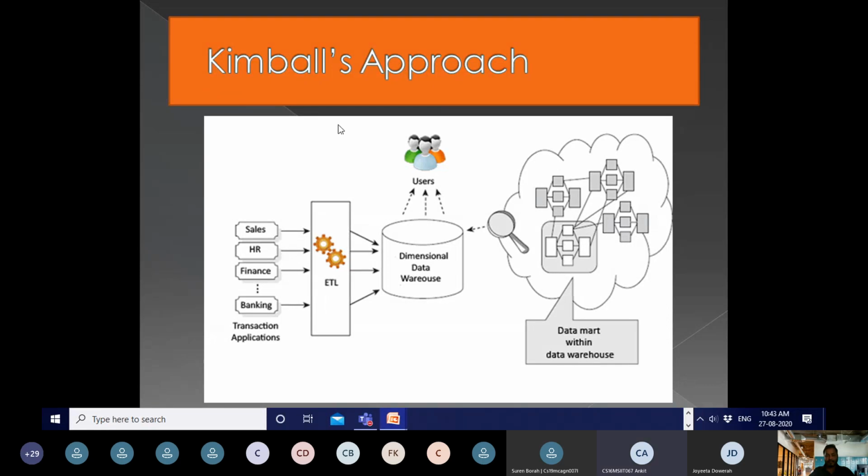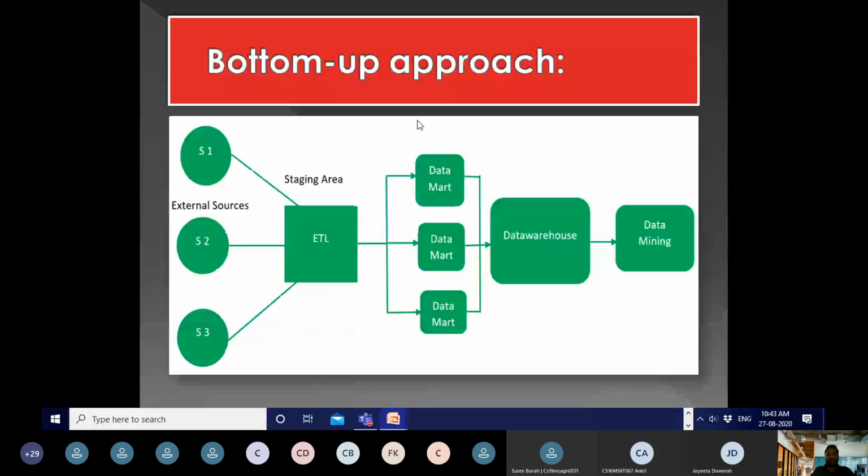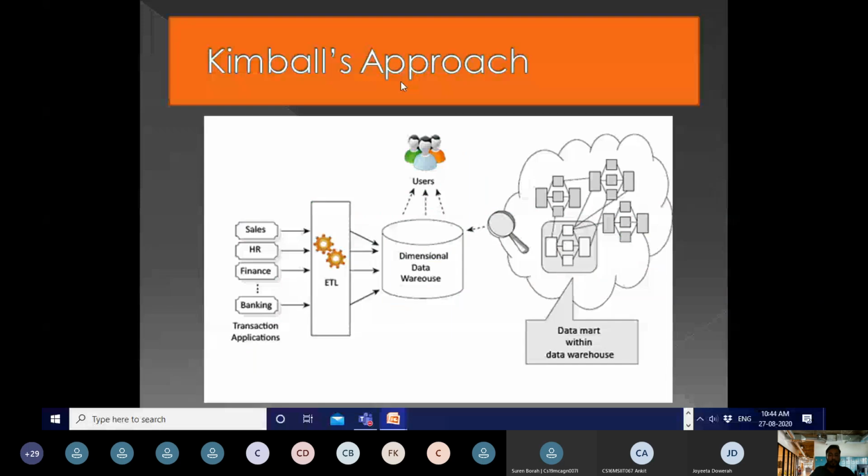Kimball's approach. Right. So this bottom-up approach of data warehouse architecture being proposed by Kimball. So with his name, this approach is also known as Kimball's approach. ठीक है? So what is the difference here?